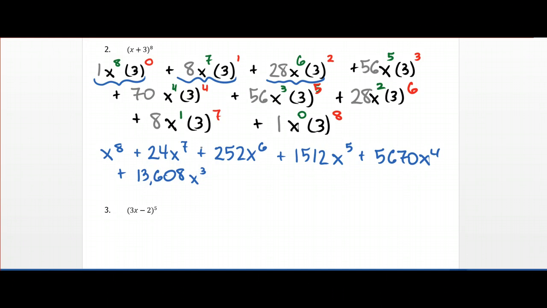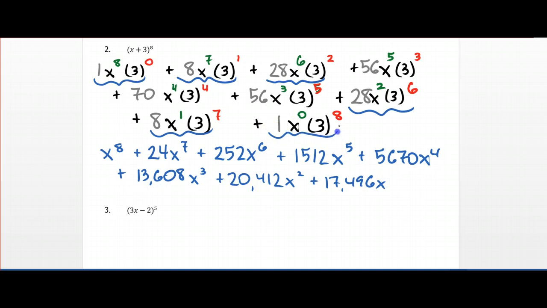Okay, so we've done the first 6 terms so far. Now we're to this term here, 3 to the 6th times 28. If you take 3 to the 6th and then take it times 28, you should get 20,412. So 20,412 x squared. This term here, 3 to the 7th, if you take 3 to the 7th and then take it times 8, you get 17,496, so 17,496x.